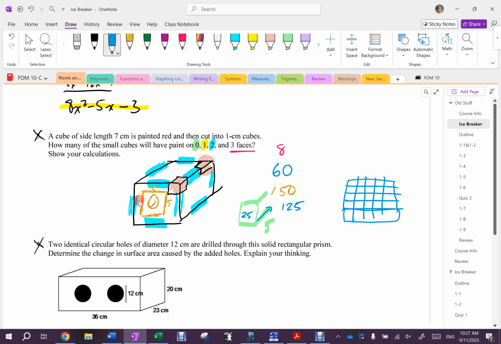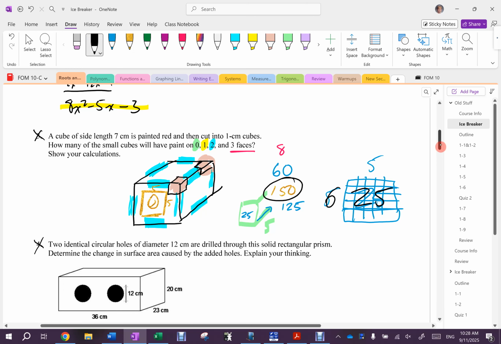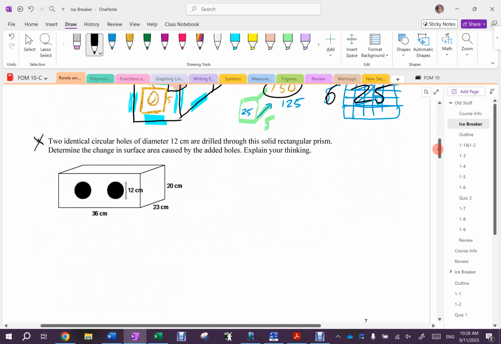So how big is that square? This side's 5, this side's 5. Think back to grade 5 when you learned about area of a square. That side is 25. Agreed? And how many sides of a cube are there? 6. So if one of them is 25 and there's 6 sides, it must be 6 times 25, which is 150.